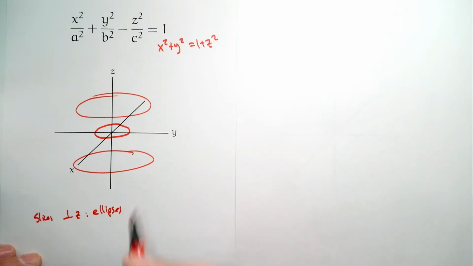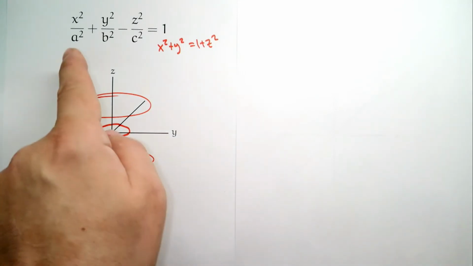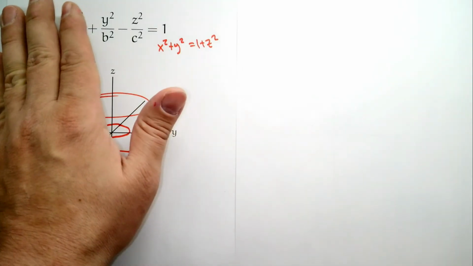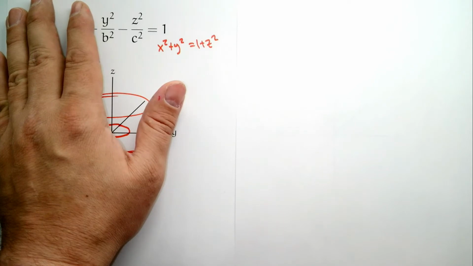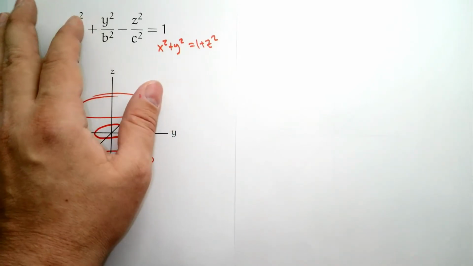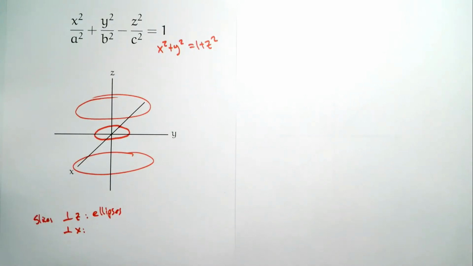So let's suppose now we fix one of our other variables. Suppose we're perpendicular to x. So if I choose x to be a number, let's suppose for a second I choose x to be 0. What do I see? It's a hyperboloid.